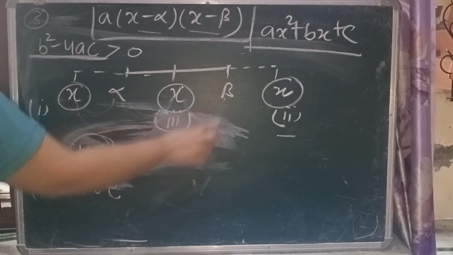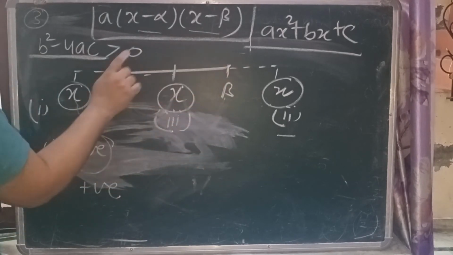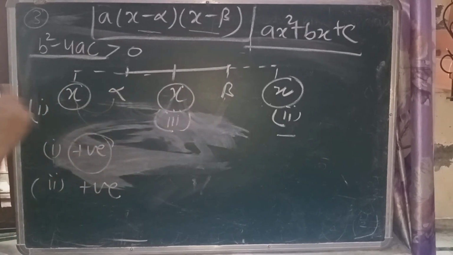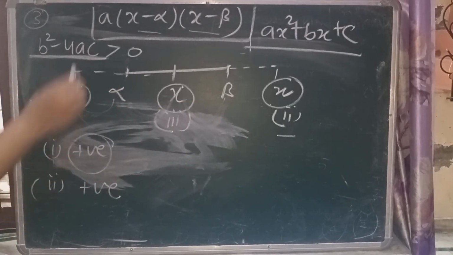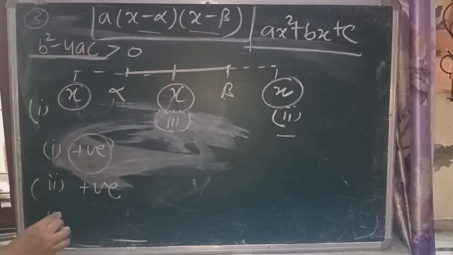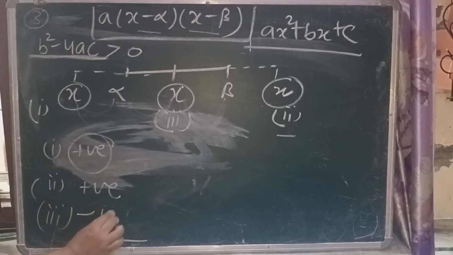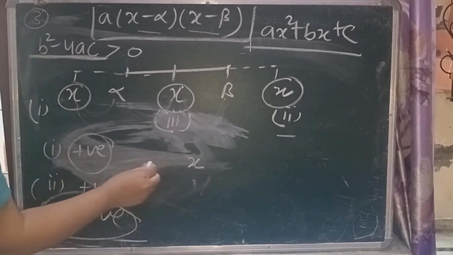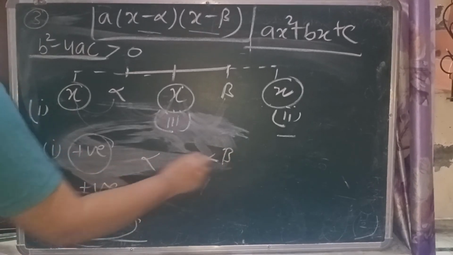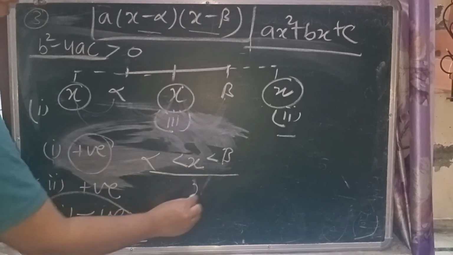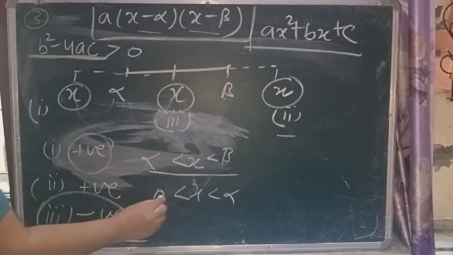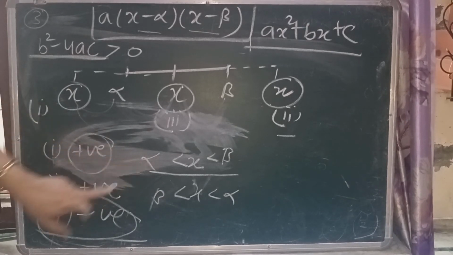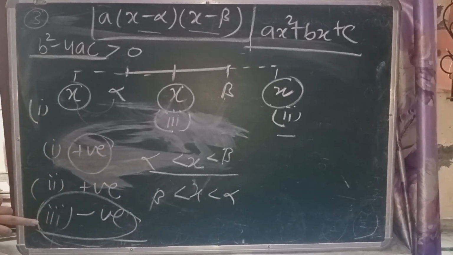Or if you change the position, then x minus beta will be positive and x minus alpha will be negative. So that means positive and negative, so we will have it negative. So when x is between alpha and beta, in that case the expression is always negative.